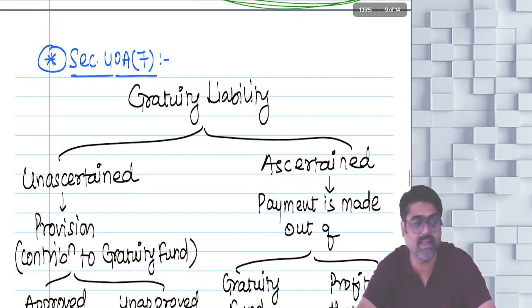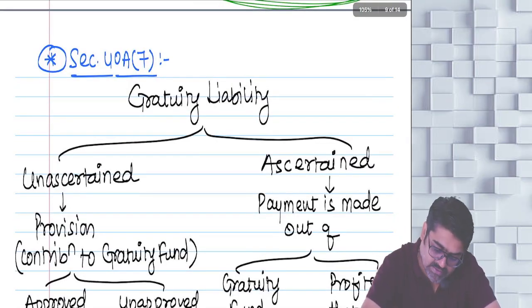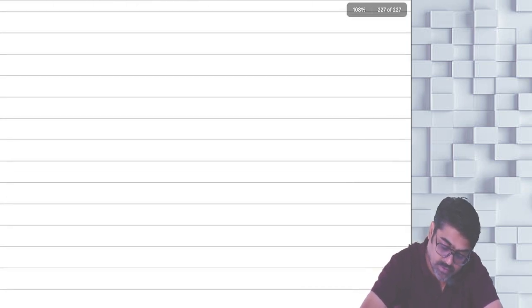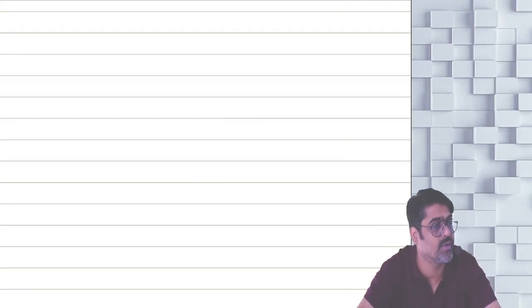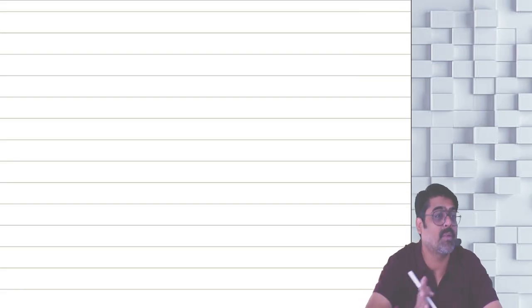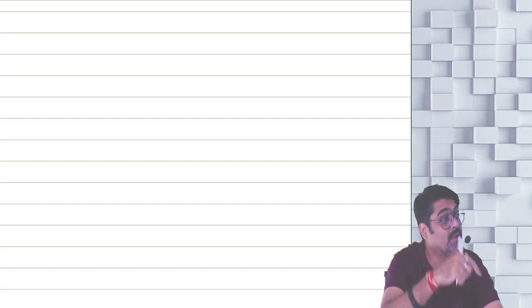Now coming to 40A7. Now pay attention to what 40A7 wants you to tell. See, do you know gratuity we pay? So how do you pay gratuity to your employees? There are two ways to pay the gratuity. First, keep some amount aside to pay the gratuity later on.